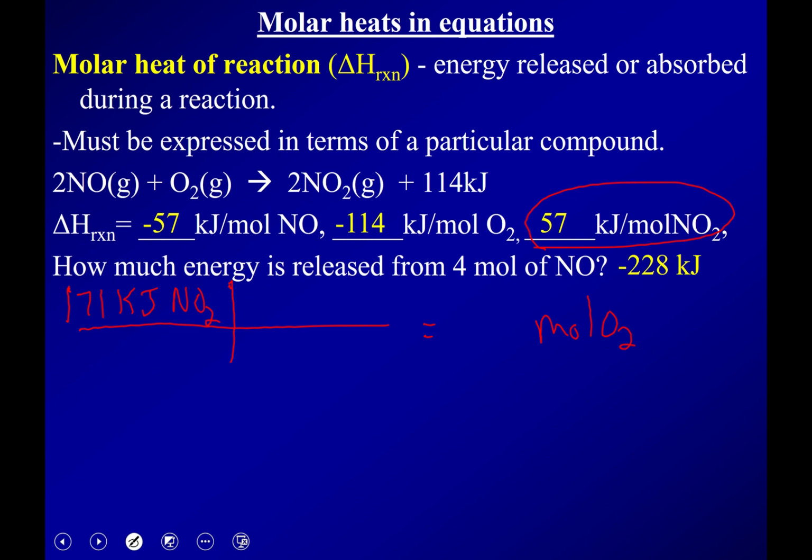Well, to cancel them out, we need to put our 57 kilojoules on the bottom and 1 mole of NO2 on top. So kilojoules cancel out, and we're left with moles. So really, it's 171 divided by 57, and that's going to give us 3 moles of O2.